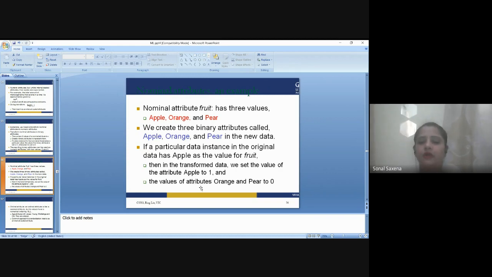So the values of orange and pear are set to 0. Whichever value is present, we mark it as 1, and the others as 0. This converts the nominal attribute into binary attributes, where 1 means the particular value exists and 0 means it does not.